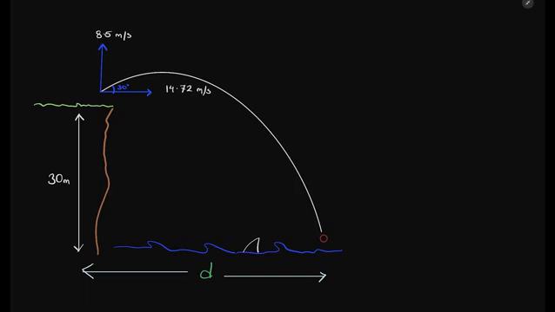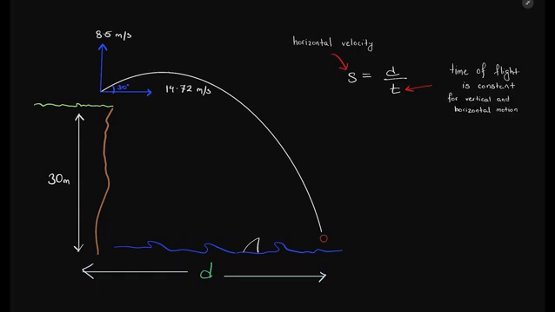Also remember, horizontal velocity is not affected by acceleration, so we can use the normal formula, speed equals distance by time. The time of flight is constant for both vertical and horizontal motion, so you can use time as both. Here you can see, using the normal equation, the answer comes out to be 51.37 meters.